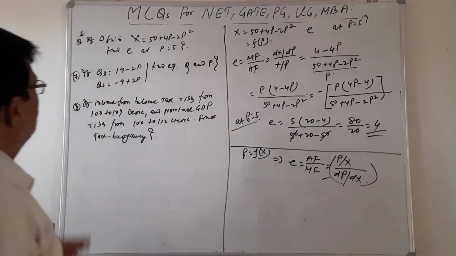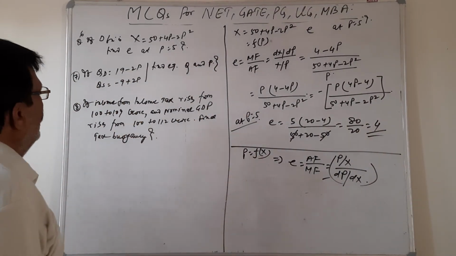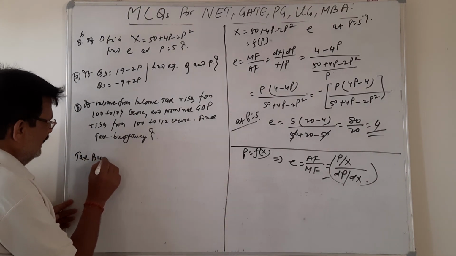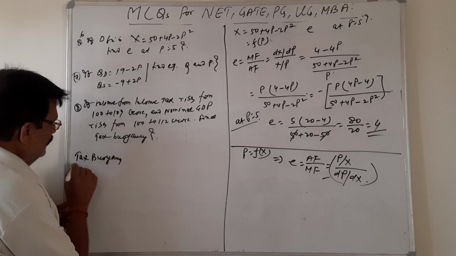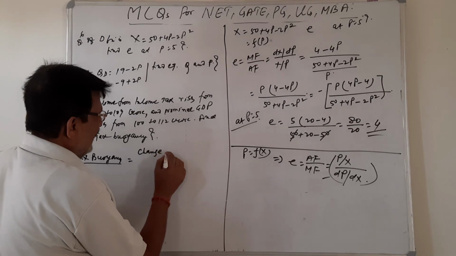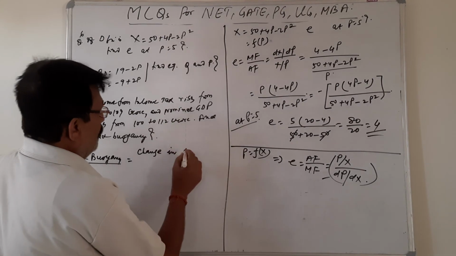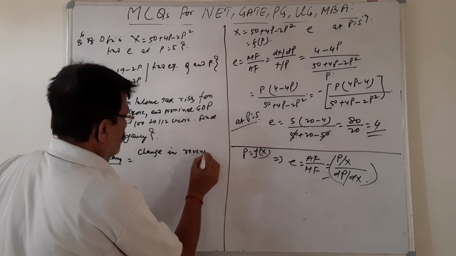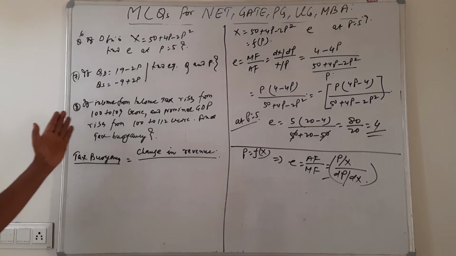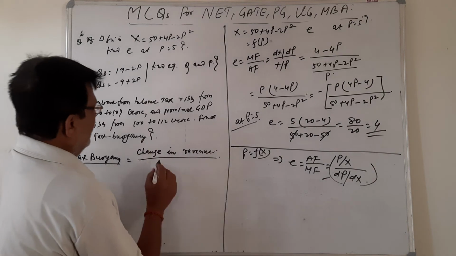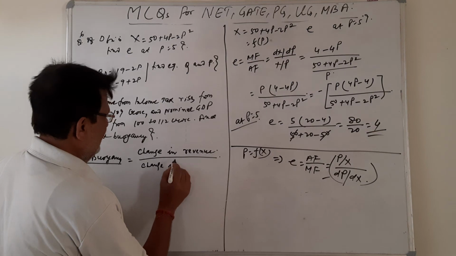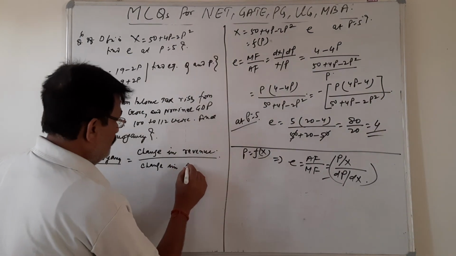So this is what. Now here, tax buoyancy. Tax buoyancy is change in revenue divided by change in GDP.